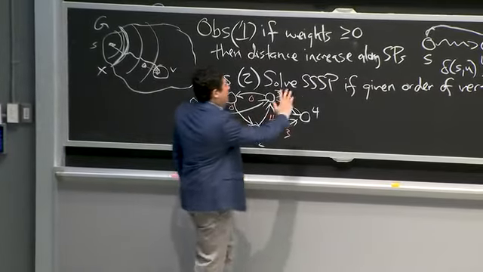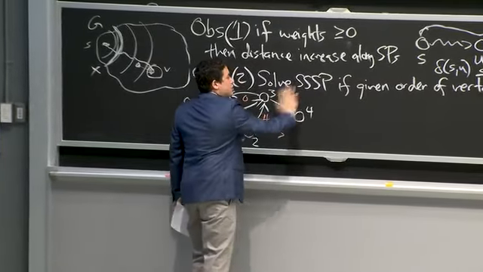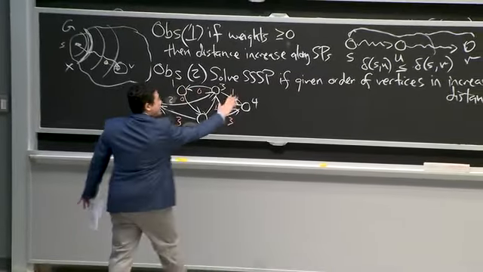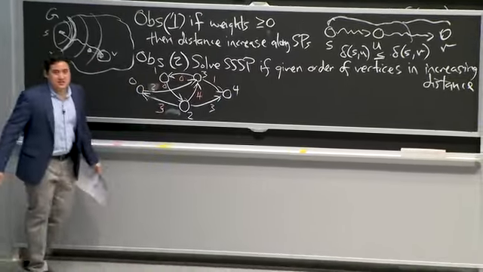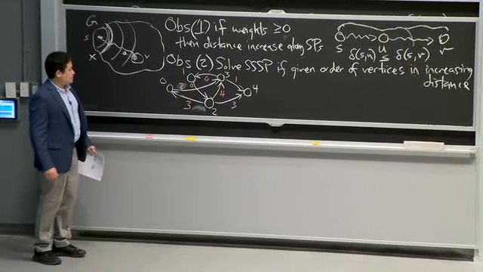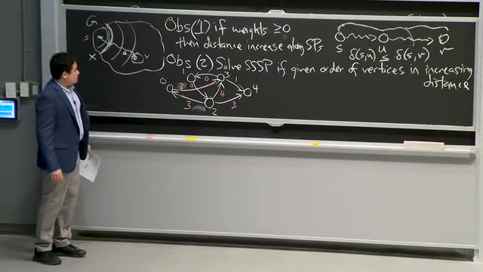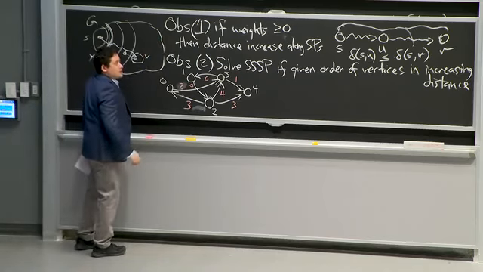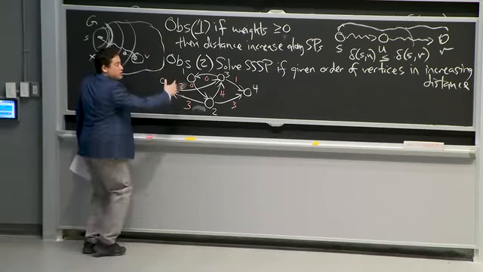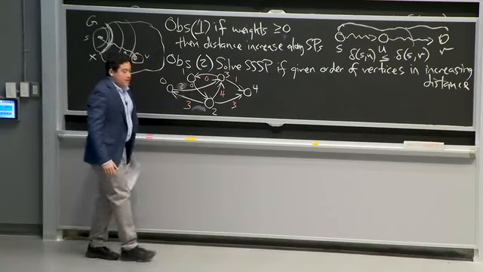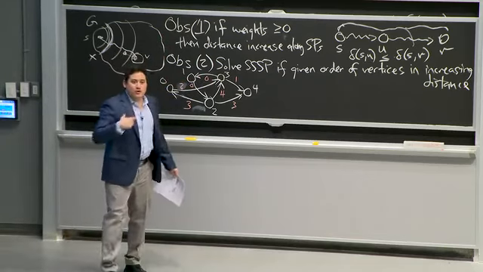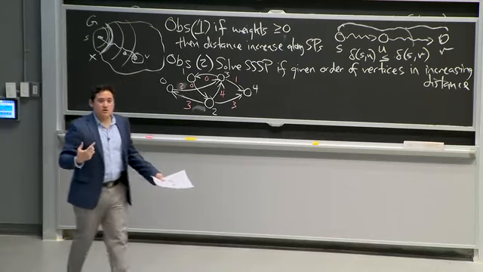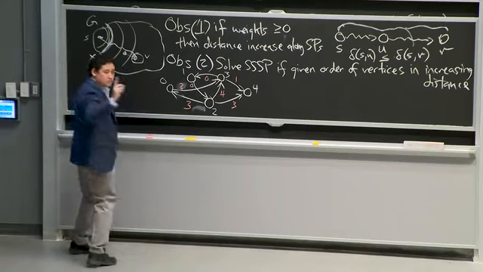Okay, so I'm arguing to you that I could solve single source shortest paths in linear time if I were to give you the vertices in increasing distance. How could I do that? Well, because of this first observation, I know that if these are increasing in distance, any edge going backwards with respect to this ordering can't participate in shortest paths, with one exception.